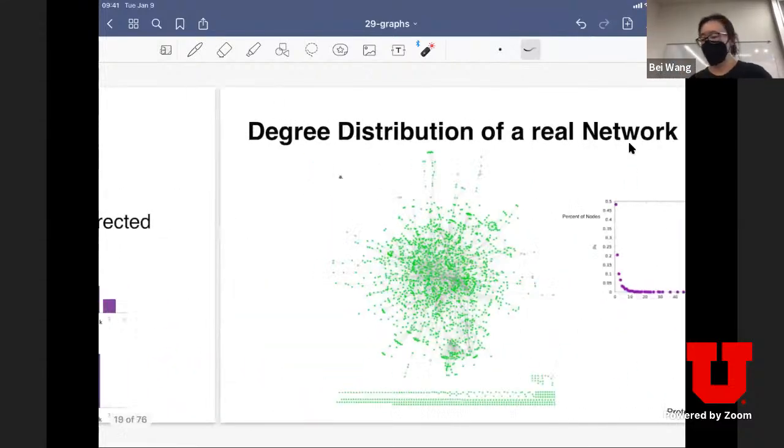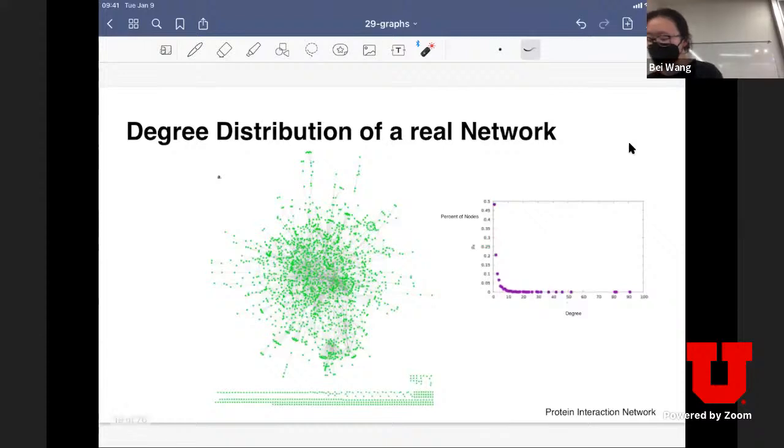So of course, one of the more recent advances, and when I say recent, it's mostly for the past 20 years or so, is when people study real networks. It turns out real networks follow what's called a power law degree distribution, meaning that this x-axis is the degree, and the y-axis is the percentage of nodes that have that degree. It has a shape like this, meaning that there are only a few nodes that have a really high degree.